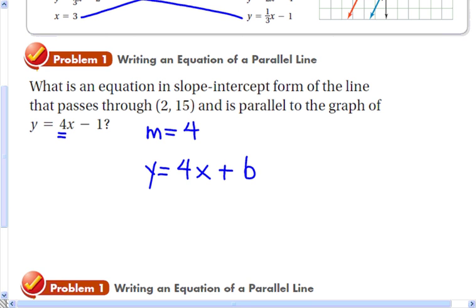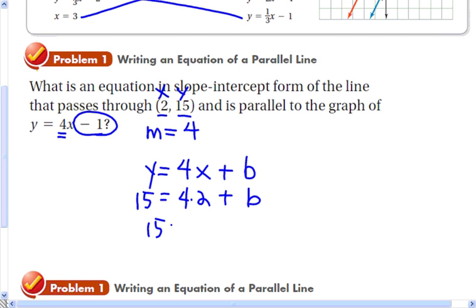Now, to find the y-intercept, which is different than this one, it's not -1, we have to use this point. That's an x and a y value that will be on the graph of this parallel line. So if I substitute 2 for x and 15 for y, and add the y-intercept, I should get a true equation.